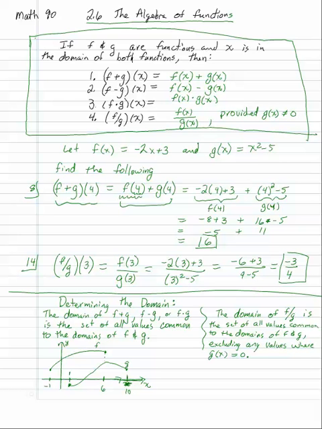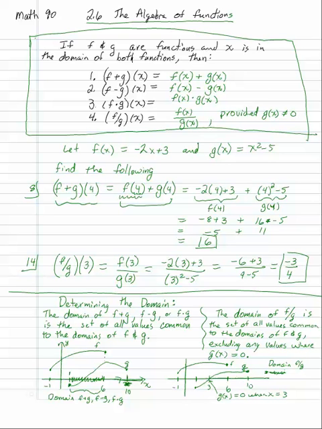Then the domain in common for f and g would be between 1 and 6. So that's your domain for f plus g, f minus g, or f times g. It's where they overlap, if you want to think of it that way.